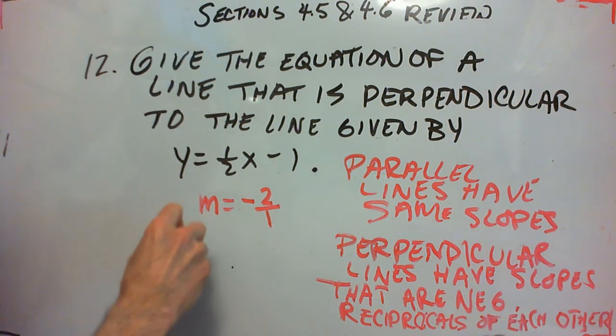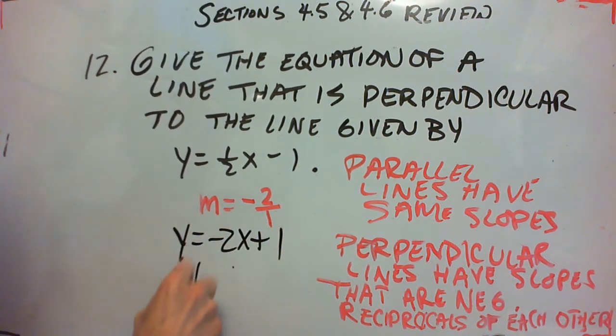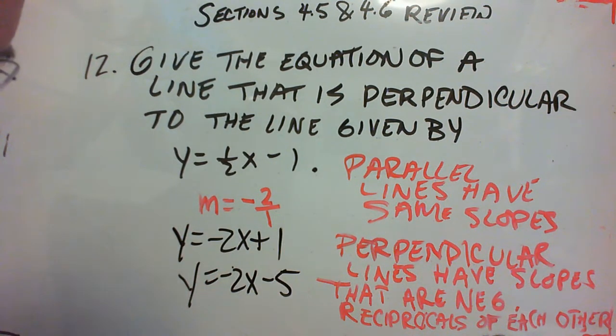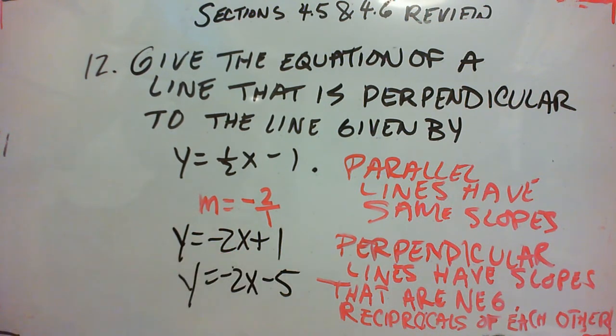So it could be y equals -2x plus 1, y equals -2x minus 5, and so on. There's an infinite number of lines that have a slope of -2. And we know these lines have slope -2 because they're in slope-intercept form.